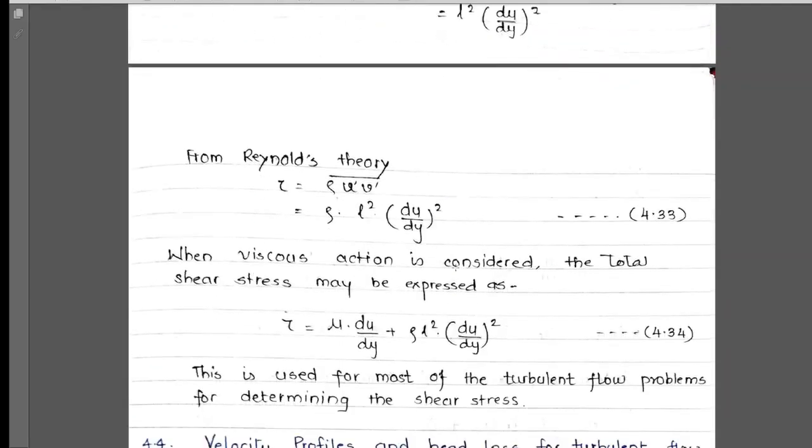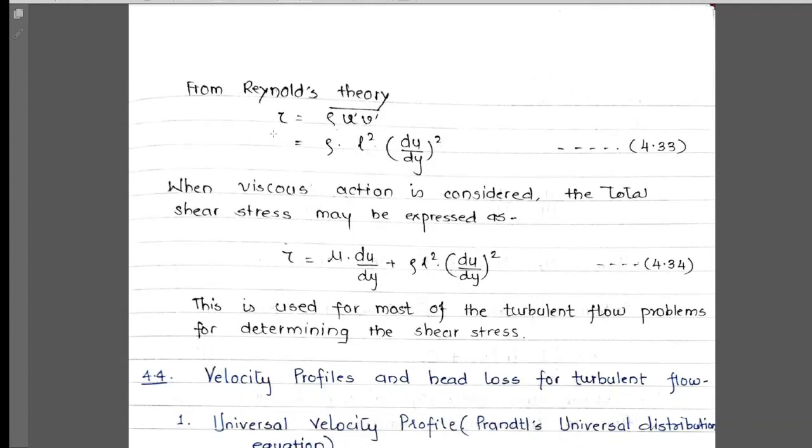Now from Reynolds theory we know that tau is equal to rho u dash v dash bar. So we can substitute the values of u dash v dash as rho into L square into du by dy whole bracket square. So when viscous force is in action, the total shear stress can be expressed as tau is equal to mu into du by dy plus rho L square into du by dy whole bracket square.